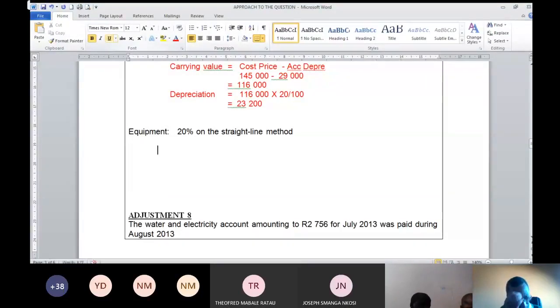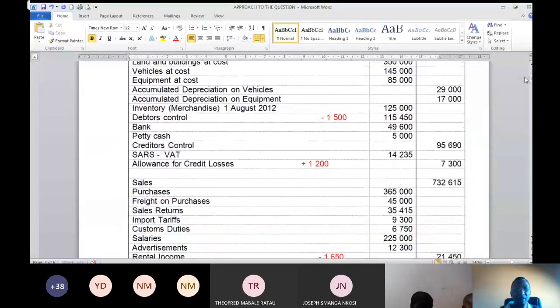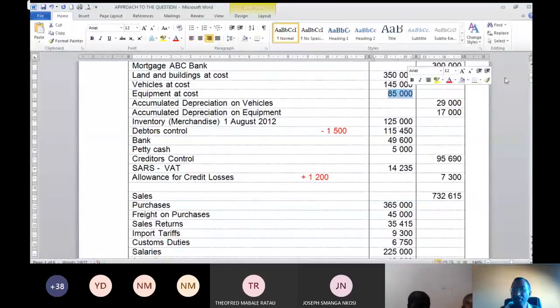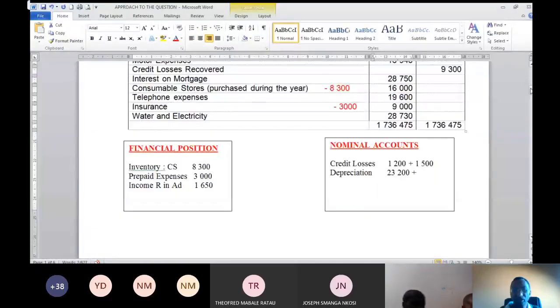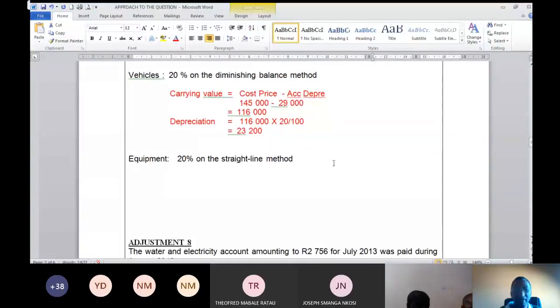So for equipment, go to the cost price of equipment in your trial balance. Equipment at cost is the amount of 85,000 Rand. So we are working on the straight line method, which is the cost price method.